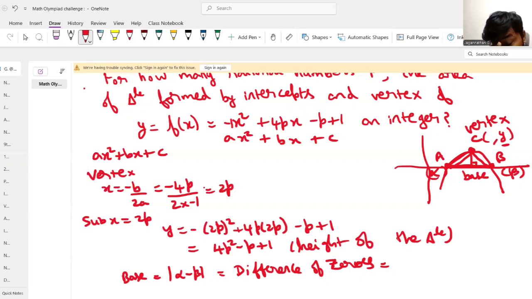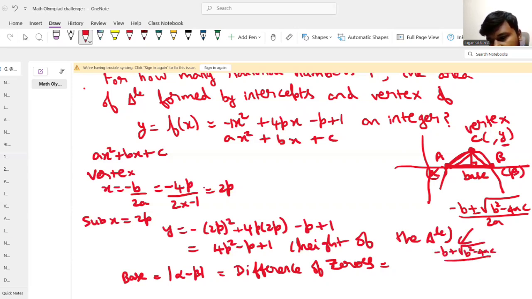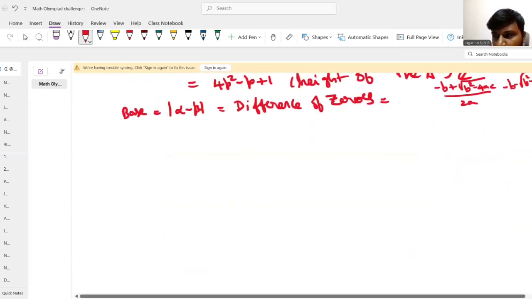Just think about the quadratic roots formula, people. The formula is minus b plus or minus root of b square minus 4ac, by 2a. So it has two roots. One is minus b plus root of b square minus 4ac by 2a. The other one is minus b minus root of b square minus 4ac by 2a.